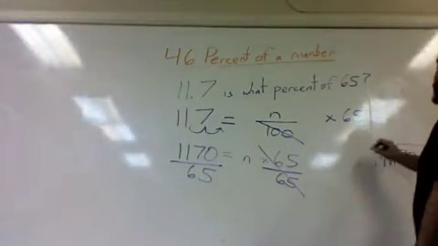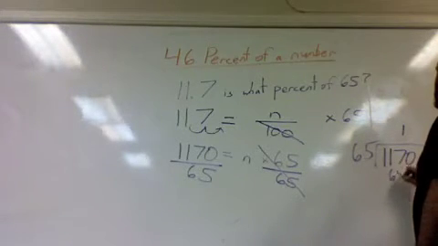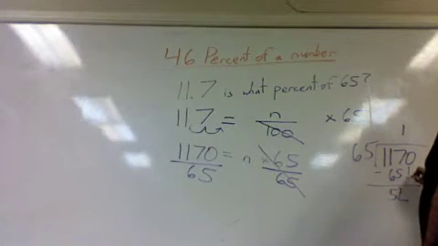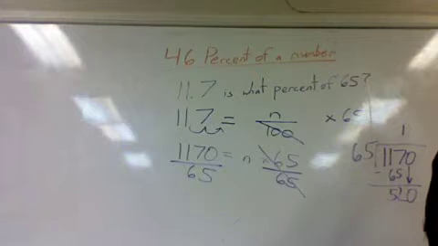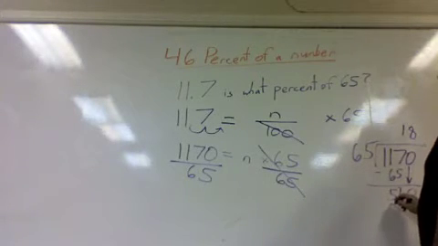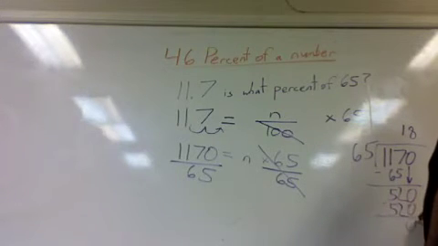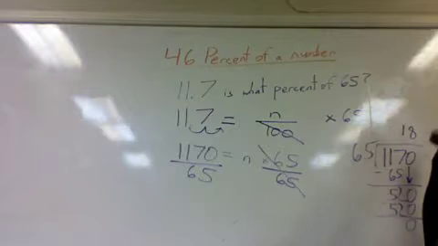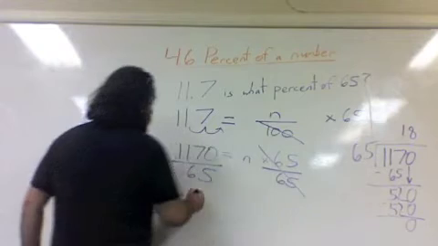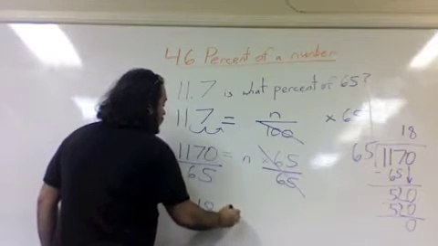1,170 divided by 65. That's 1. Subtract our 65. That gives us 52. Bring down our 0. Now that's going to be 8, which is 520. Beautifully worked out. Nothing left over. We have an answer of 18. 1,170 divided by 65 is 18. 18 equals n.